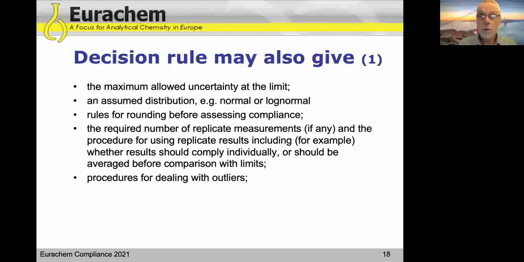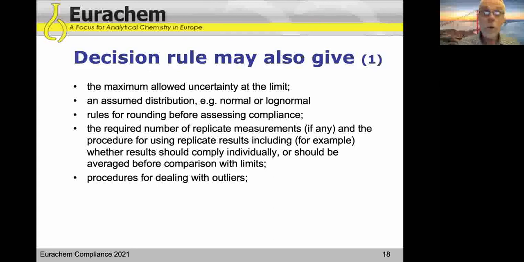So, for example, as we talked about, if you have shared risk, you should specify the maximum uncertainty. We can also look at the distribution of the results. Normally, we would say normal if you have an expanded uncertainty of less than 30-40%, but if you are over that, you may regard it as a log-normal distribution, especially, for example, in microbiology.